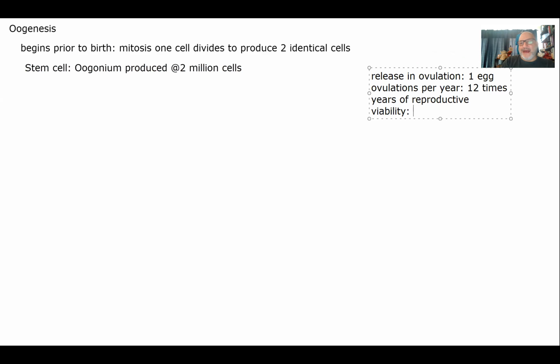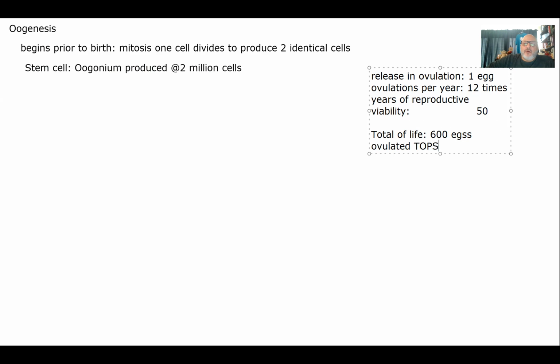Let's go with 50 because it's better math. Let's say 50 years, right? Again, if you think about it, that would mean from 13 to 63. So that's probably more than is actually likely for most women. But 50 is a nice round number. So in a total of her life, how many eggs is a female going to ovulate from her ovaries? Yeah, 600. And that's tops.